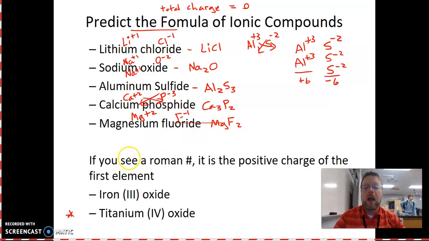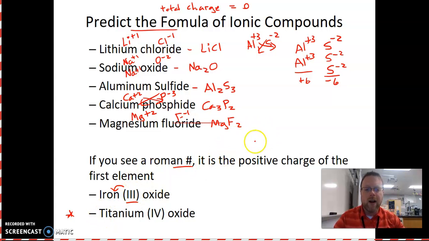Okay. Now, sometimes on the periodic table you can't see what the charge is for elements, and so if you see a Roman number, then the Roman number is going to be the charge of the very first element in that formula.